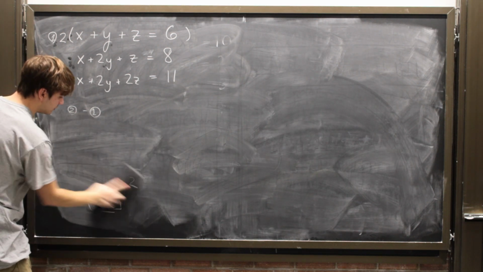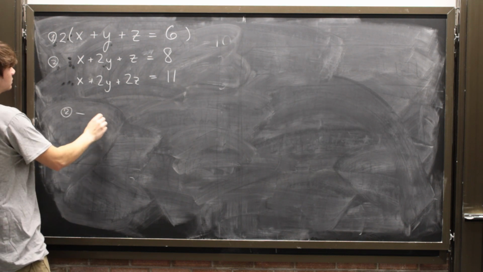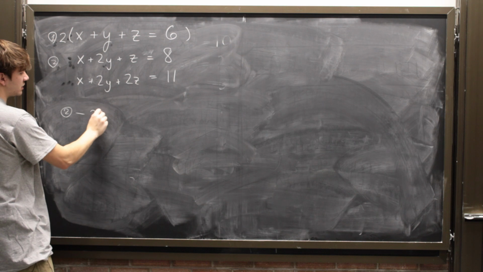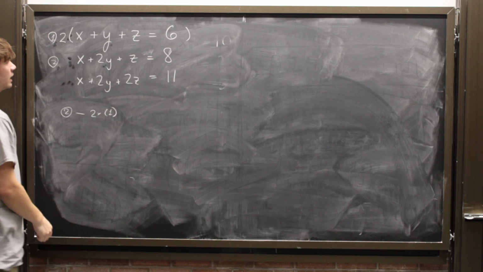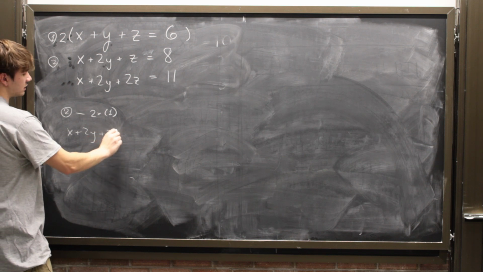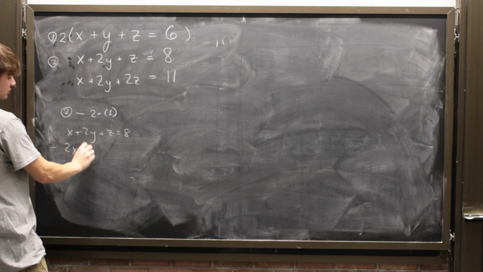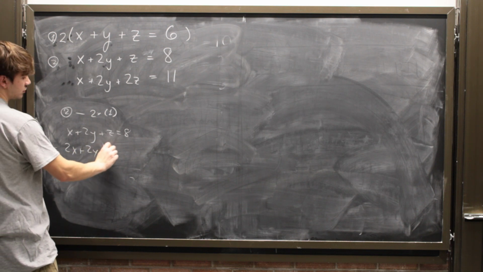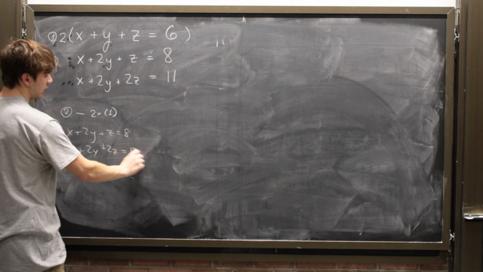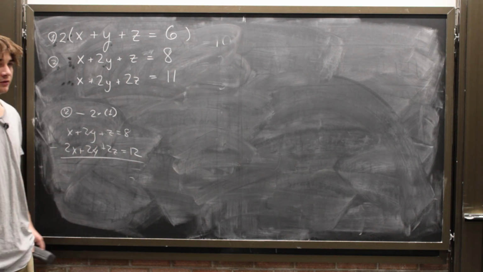So I could have instead looked at equation 2 minus 2 times equation 1. This would have given me x plus 2y plus z is equal to 8, and then I would subtract 2x plus 2y plus 2z is equal to 12. And then I could cancel y and manipulate the equations as follows.